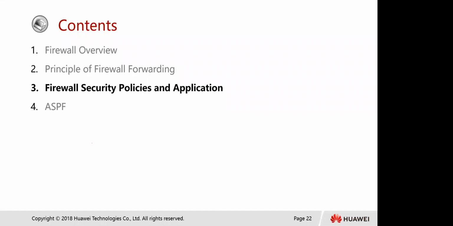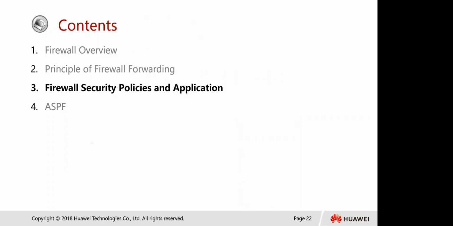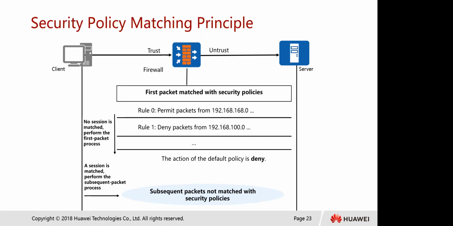So moving to our next slide, we're going to look at the firewall security policies and application. Security policy matching principle. In the first packet process, the firewall matches the packet with the security policy. And we said in the subsequent packet process, the firewall does not match the packets with the security policies.